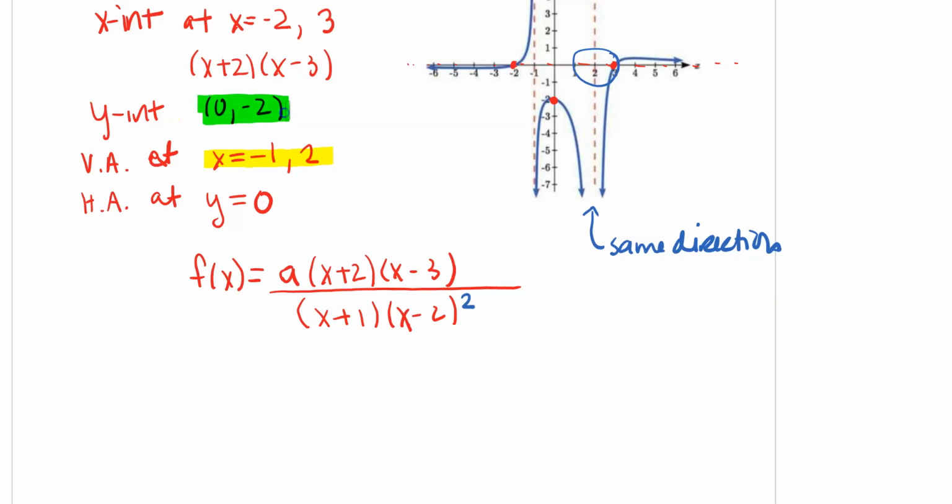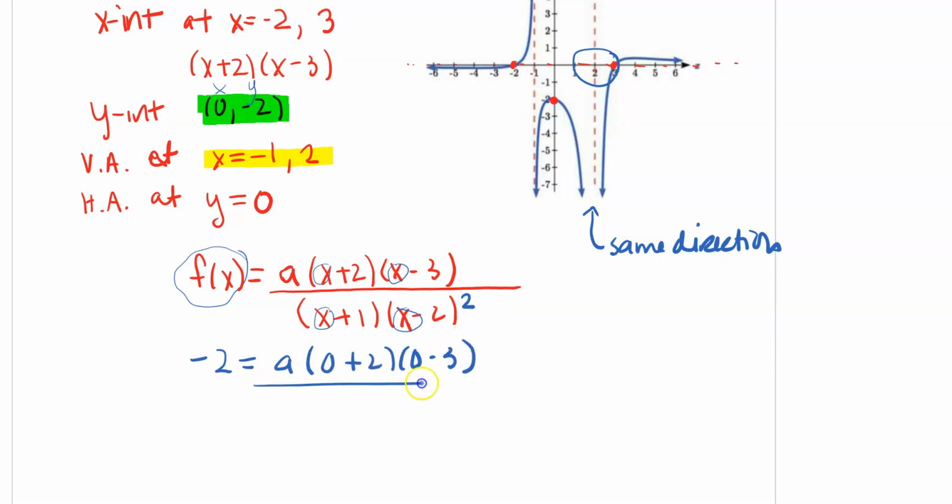Using the y-intercept gives me an x and a y value that exist within this function. I'm going to plug those in for y and for all of these x's. That gives me -2 equal to a times (0 plus 2)(0 minus 3), all over (0 plus 1)(0 minus 2) squared.